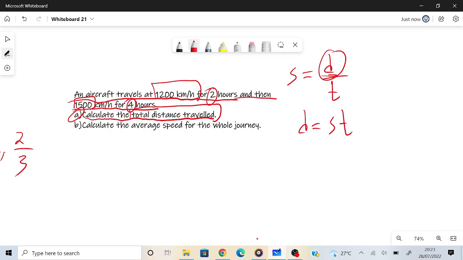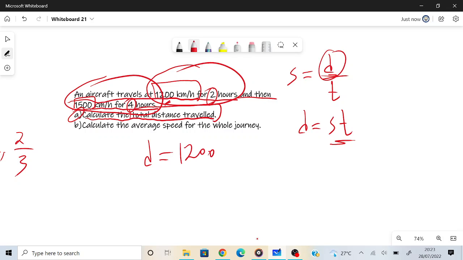To find the total distance traveled, we need to find the distance covered in this information and the distance covered in this information, and then add them up together. So using this first part, 1200 km per hour for 2 hours, distance is speed times time. Our speed is 1200 times the time, which is 2.